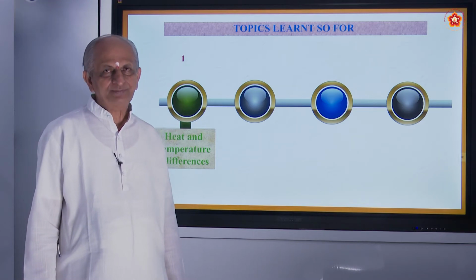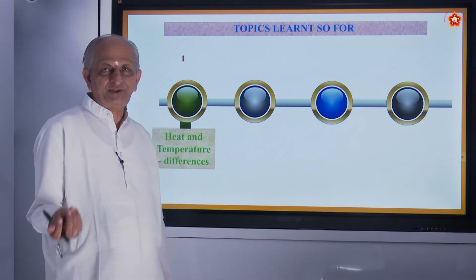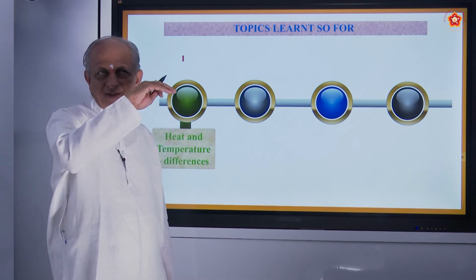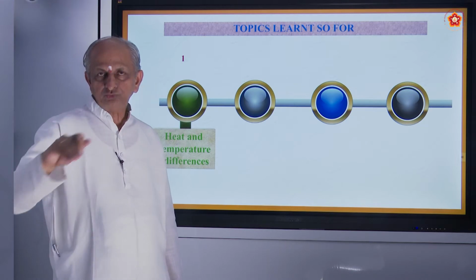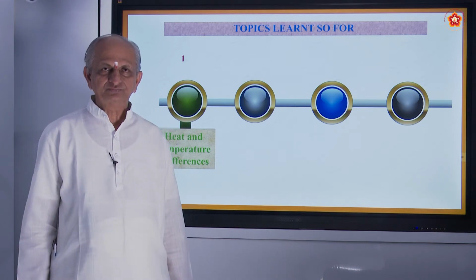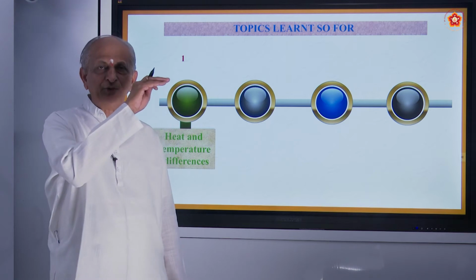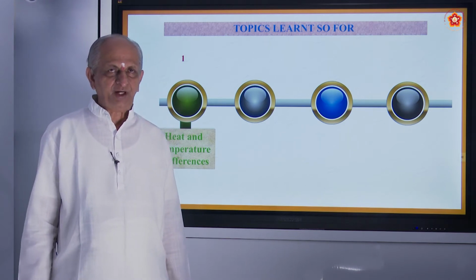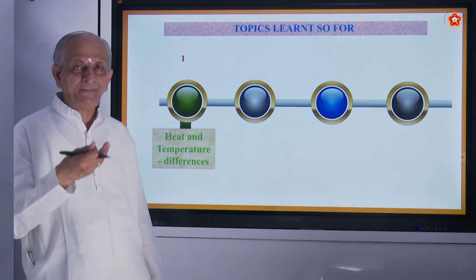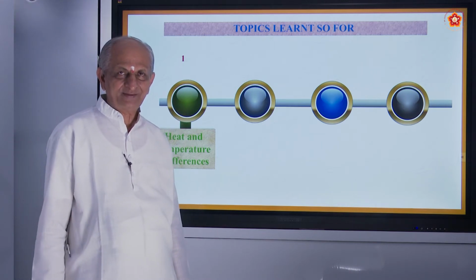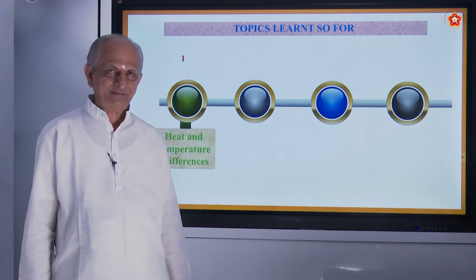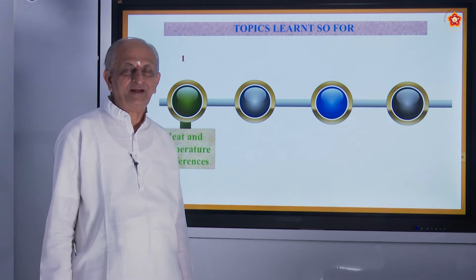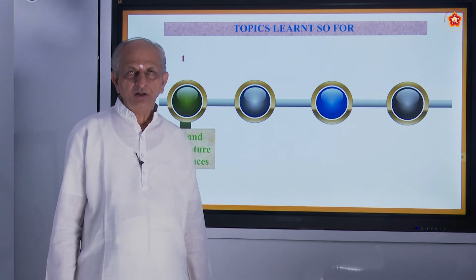Heat moves from a higher temperature to a lower temperature, from a hotter body to a colder body. Heat moves from place to place; it is transferred. And how do you measure heat? In terms of calories or joules.